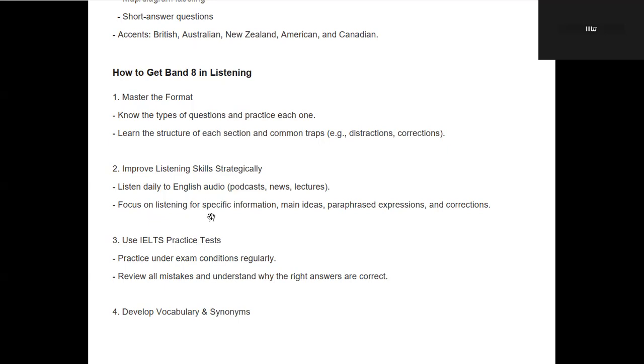Focus on listening for specific information, for main ideas, for paraphrased expressions and corrections. Like you listen, but you listen for something more specific. You are not listening just for fun. You need to listen because you want to grab some specific information so that you can complete your answer.